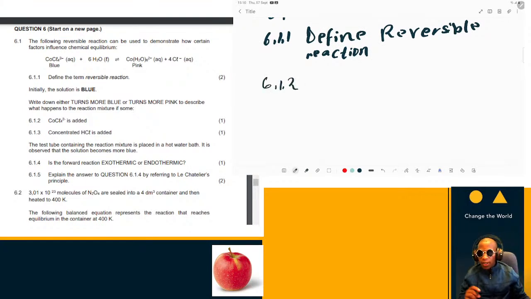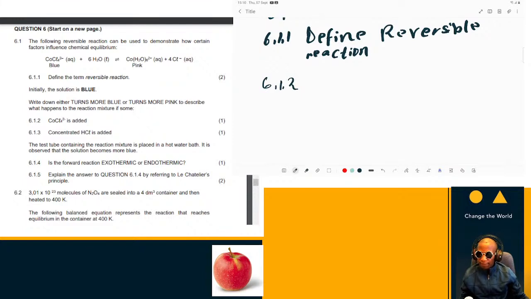On 6.1.2, we are given a scenario. Initially the solution is blue.